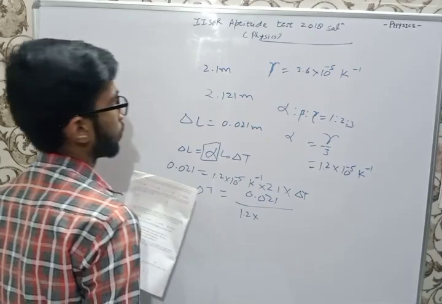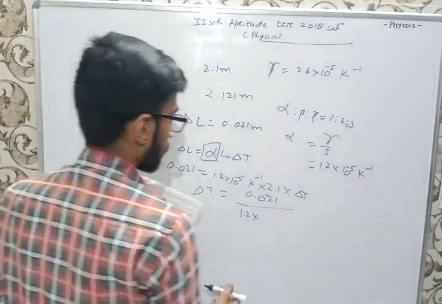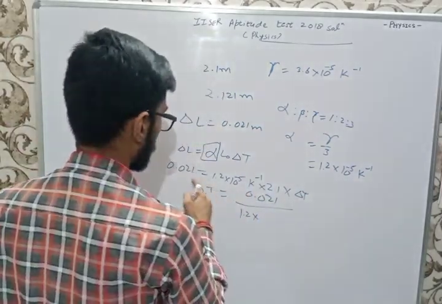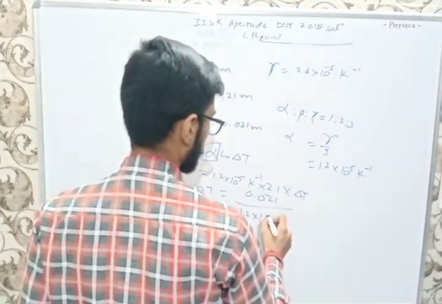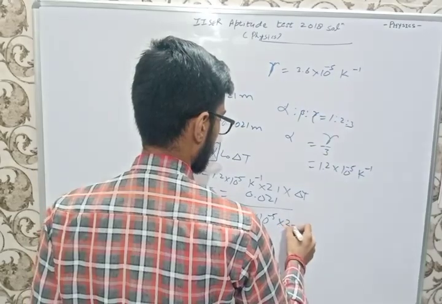Okay, it is the correction. So the value was 0.021 into 10 to the power minus 5 into 2.1.